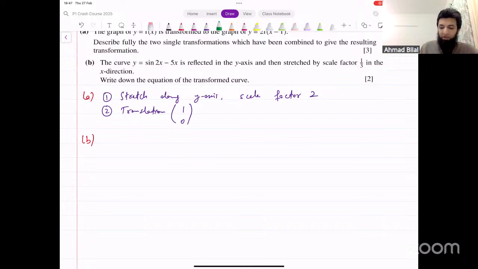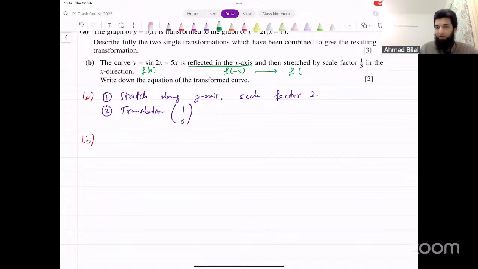So what is the graph going to change to? If the original graph was, let's say, f of x, after this reflection, it becomes f of -x. And then you are stretching this by a scale factor of 1/3. What do you multiply that by inside?